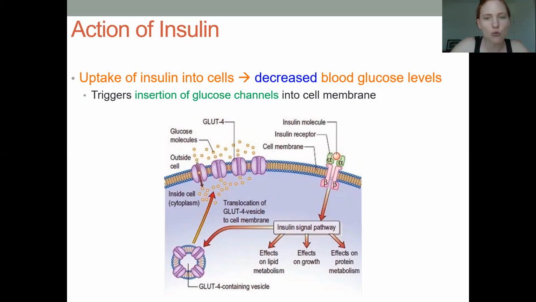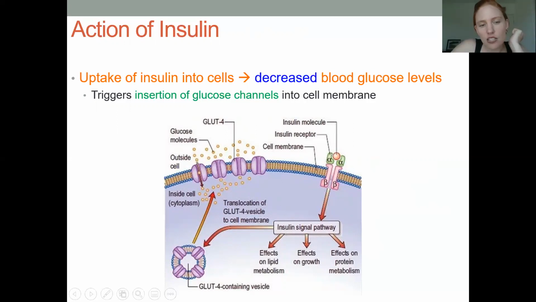Okay, so here's how it works. Insulin is a water-soluble hormone, so the receptor for insulin is located on the surface of the cell. Here's the plasma membrane. The receptor is embedded in it, and the insulin will bind to the receptor. That uses a second messenger to trigger a whole signaling pathway.